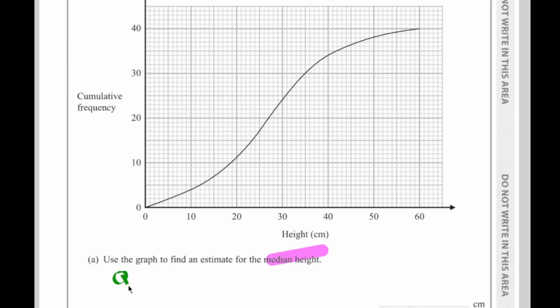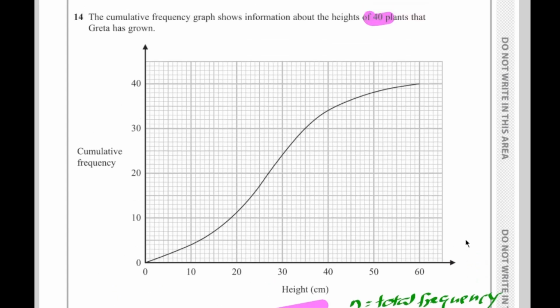So I know that Q2 equals N over 2. N means total frequency. The total frequency is given in the question, 40 plants. If not, you can get it by coming back over here. This is the total frequency, which is 40.